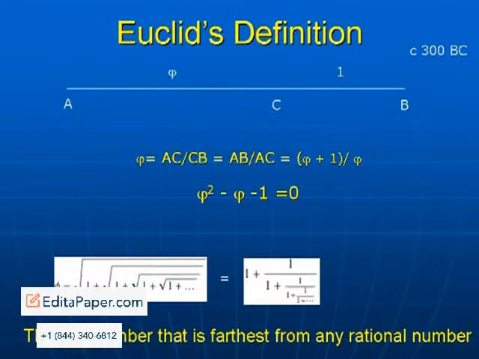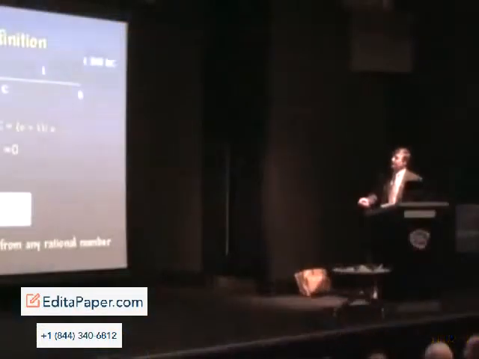So when is AC over CB equal to AB over AC? And if we call this phi, then this will be phi plus 1 over phi, and we have exactly the same formula. So phi is just the ratio of this to this, when it's equal to the ratio of that to that.